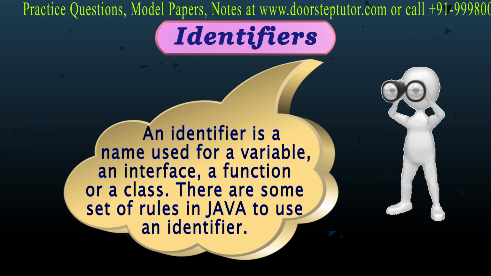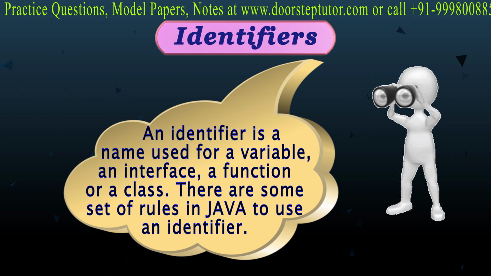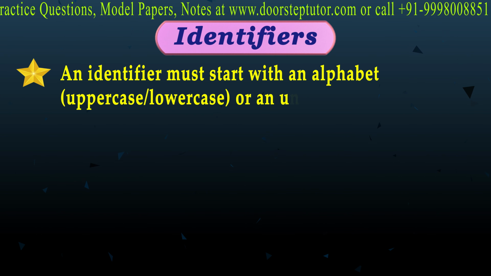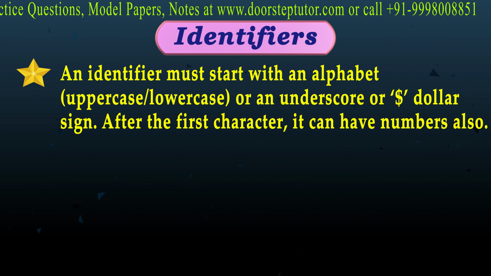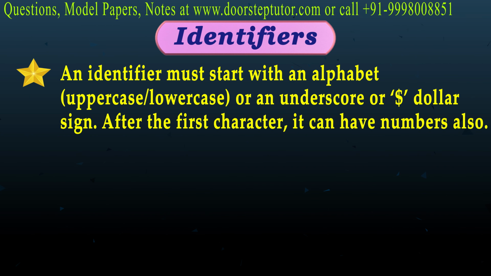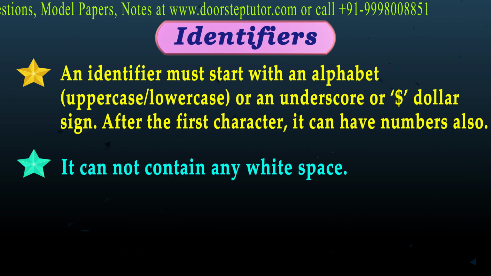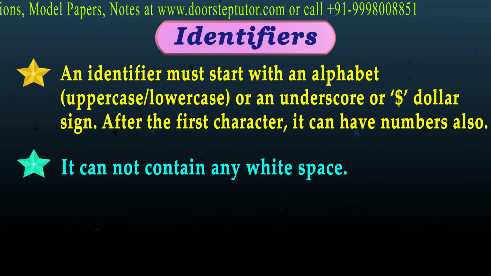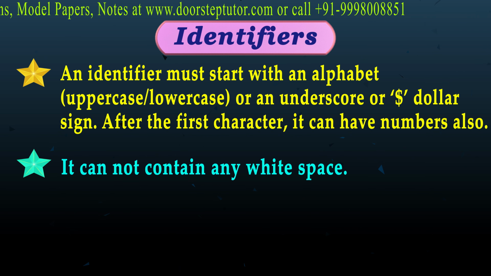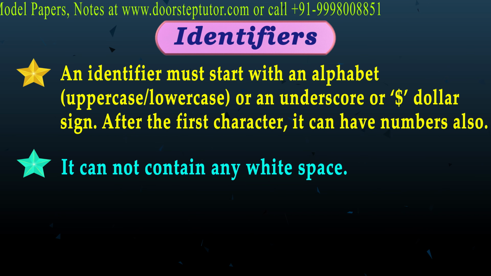Then we have some specified rules to create an identifier. It must start with an alphabet or an underscore. Then it can have numbers also. It cannot have any kind of white space like student space name. It is not allowed over here. So we can use an underscore in between, like student underscore name.